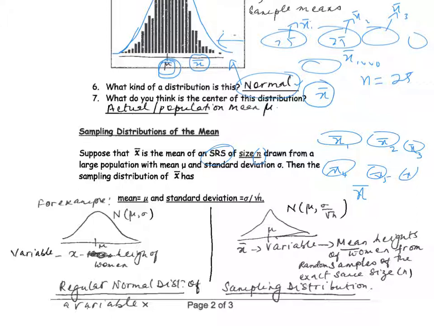So we start off with a regular normal distribution. This is a regular normal distribution where the center is the mean mu and the standard deviation is sigma. It is bell-shaped. So what do we do next?